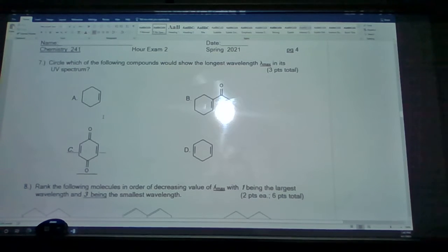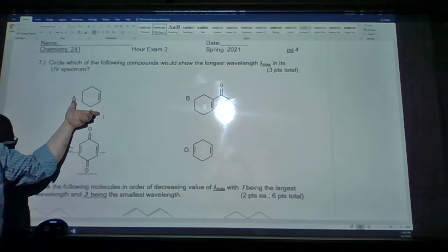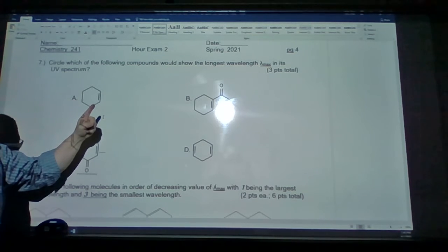Number 7, circle which of the following compounds would show the longest lambda max wavelength in its UV spectrum. Again, the number of coordinated double bonds, conjugated double bonds, increases the wavelength of the UV absorption. Do we have a double bond? Yes. How many? 1.